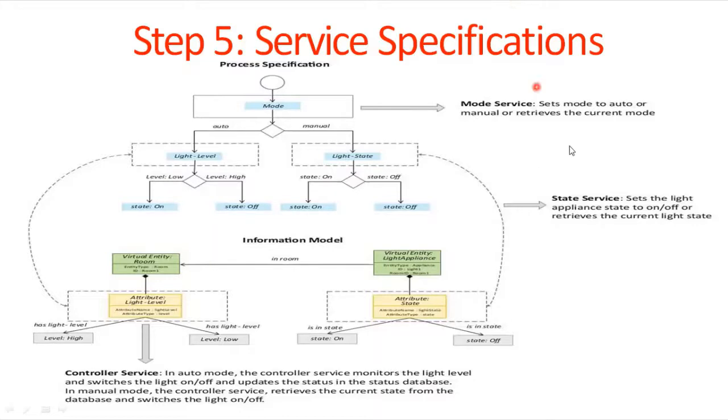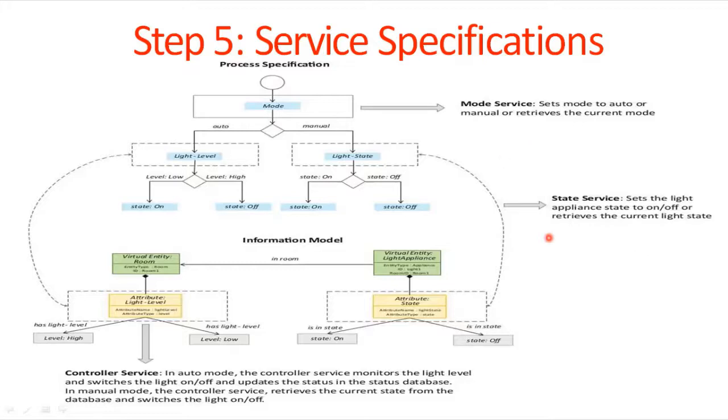Here, coming to the first one, the mode service. How can you represent this particular mode service? In this case, the mode service sets the mode to auto or manual, or retrieves the current mode. That means you are setting this one particular service.